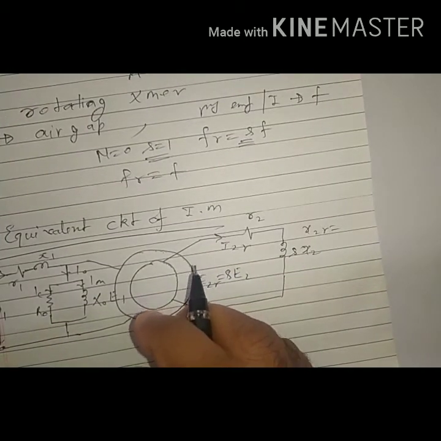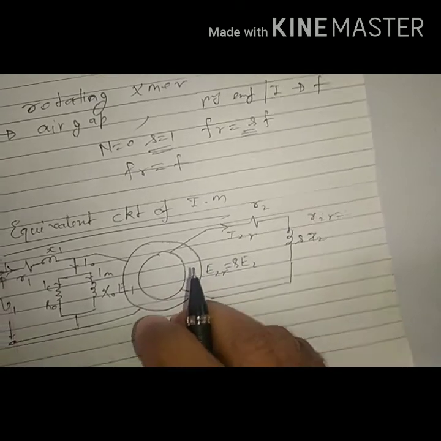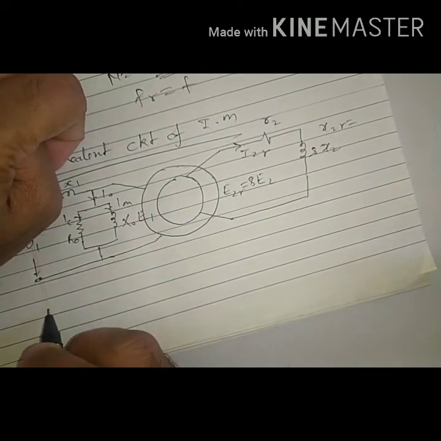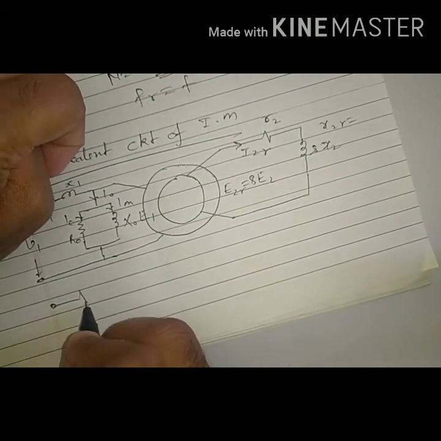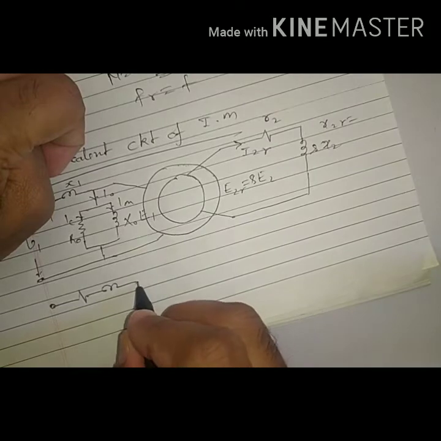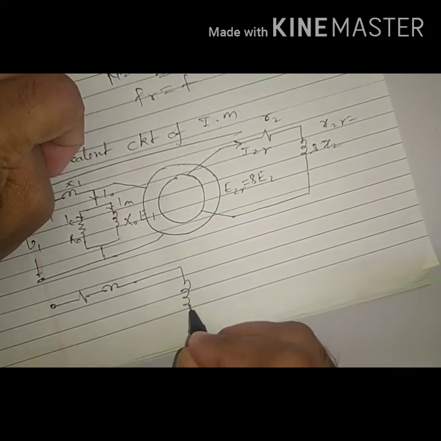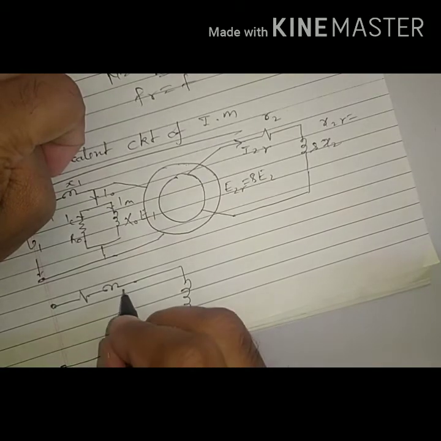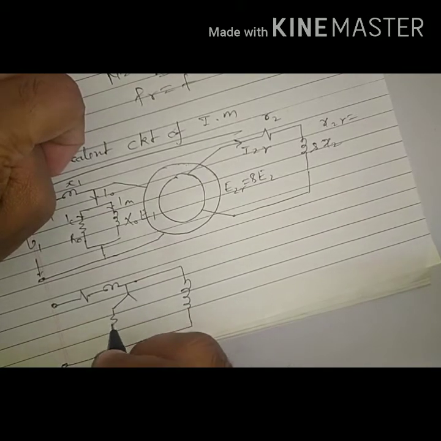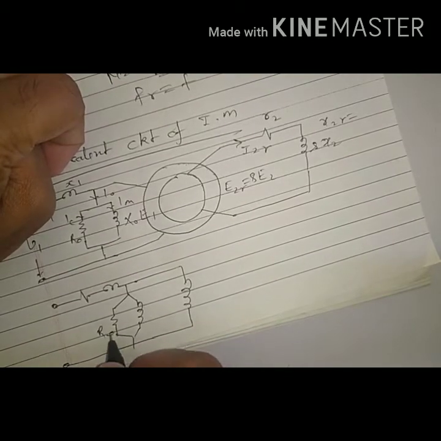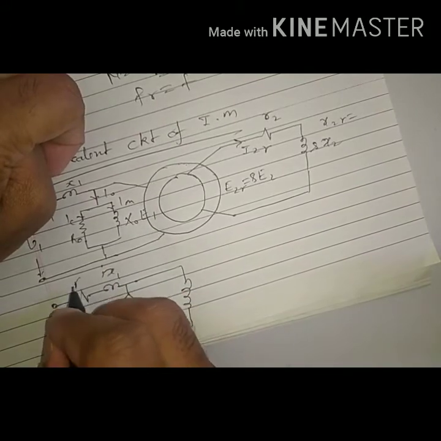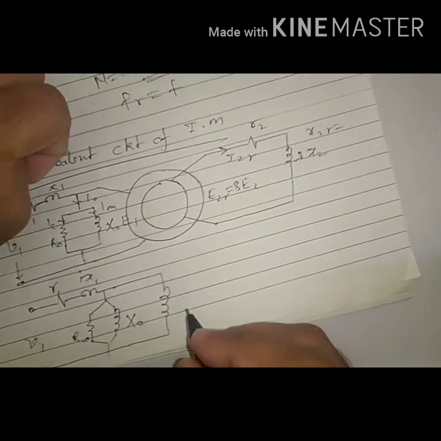So this can be represented by the windings. I will eliminate these by windings. So it will be the primary winding, that is the stator winding, having the exciting branch R0, X0, jX1, R1. This is V1.